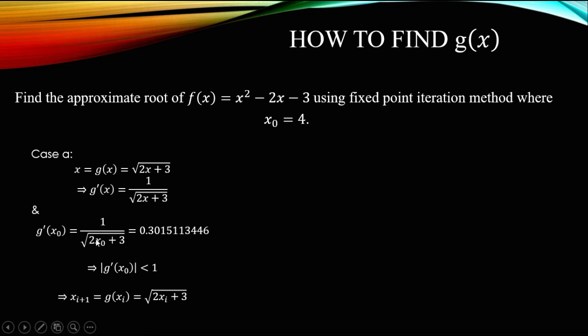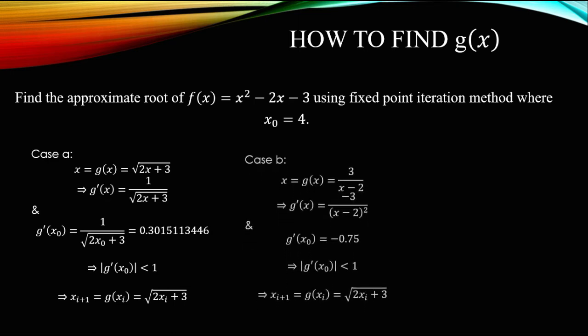After differentiating, when you substitute your initial guess and take the absolute value of g prime of x naught, if it is less than 1, then the system generating function, which is x equal to g of x, is the right one, and you will write x i plus 1 is equal to g of x i is equal to under the root 2 x i plus 3, and you will start your iteration in the fixed point iteration method.